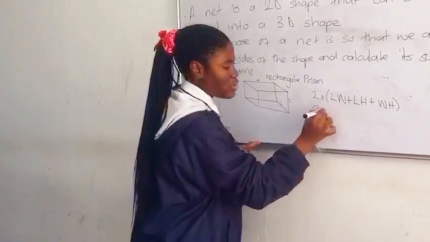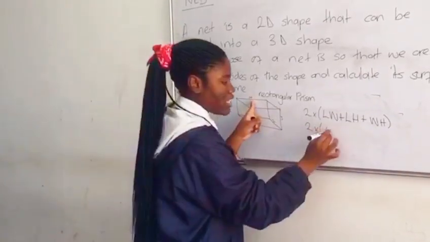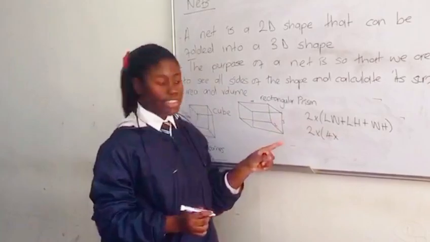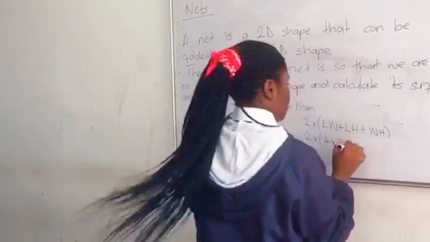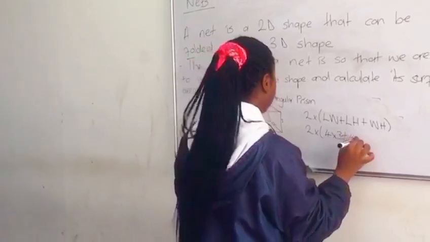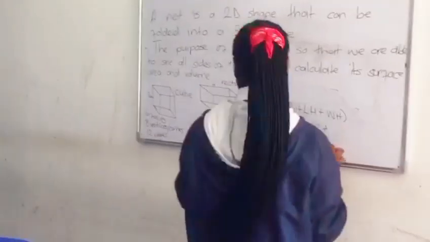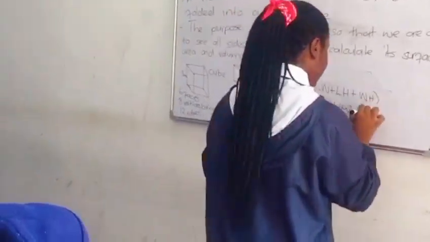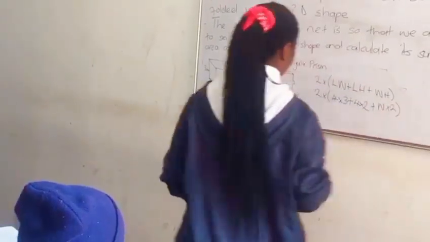We say 2 times bracket, our length is 4, times our width, which is 3, plus our length, which is 4, times our height, which is 2, plus our width, which is 3, times our height, which is 2, close brackets.